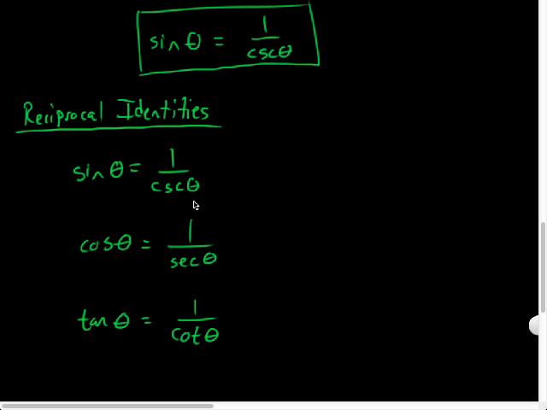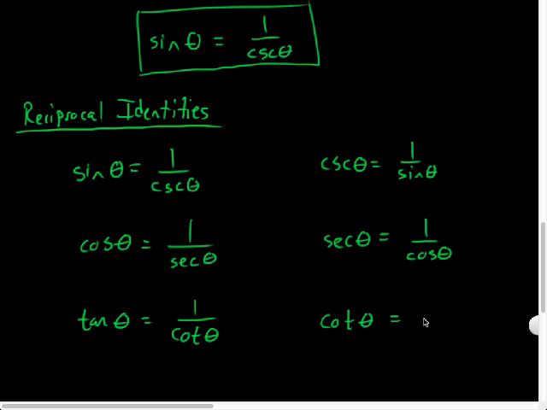And then similarly, kind of the flipperoo version of these. Cosecant theta is equal to 1 over sine. Secant theta is equal to 1 over cosine. And cotan theta is equal to 1 over tan.